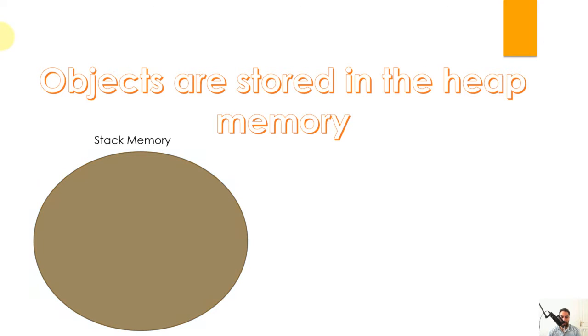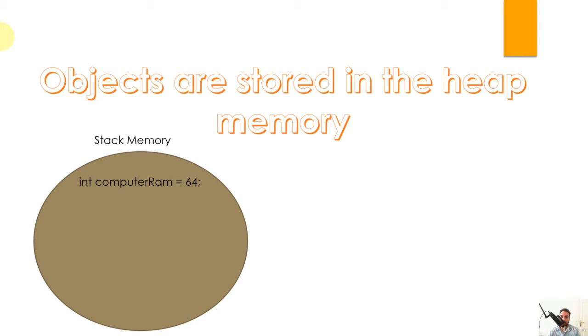So for example, we have the stack memory, okay? And here we know that when we create a primitive data type variable, such as this one, we know that this variable is stored in the stack memory with its value.